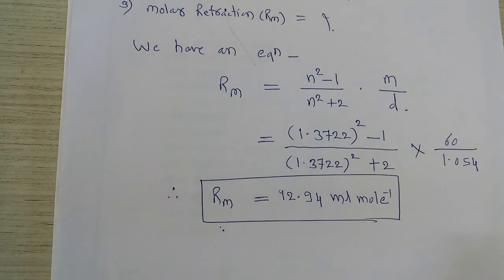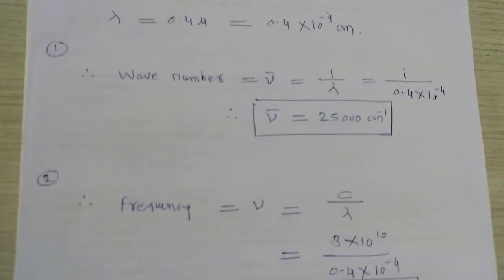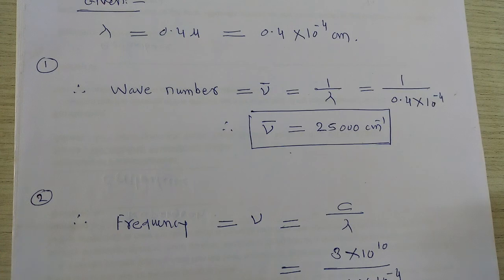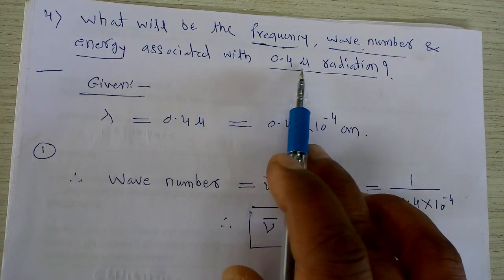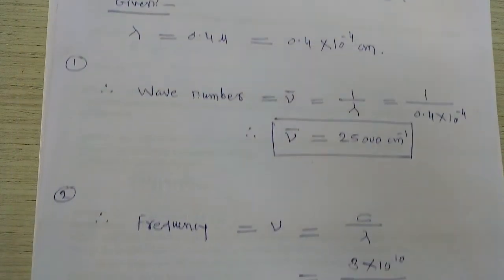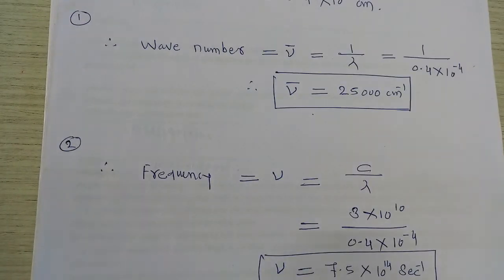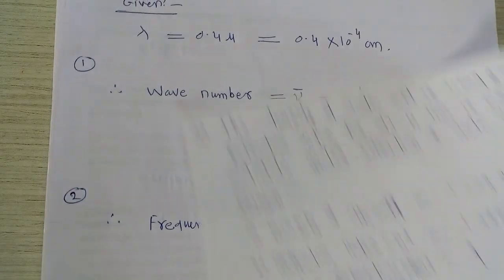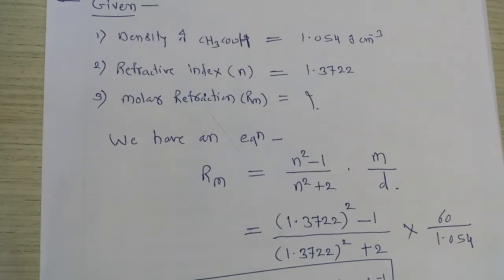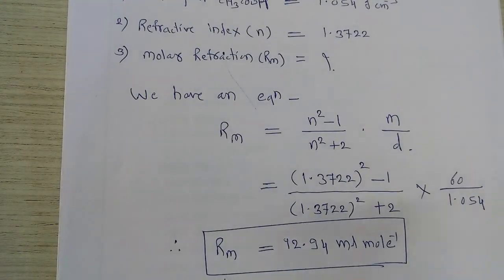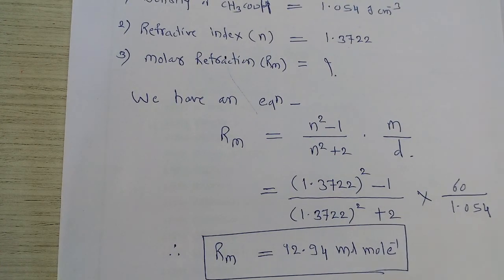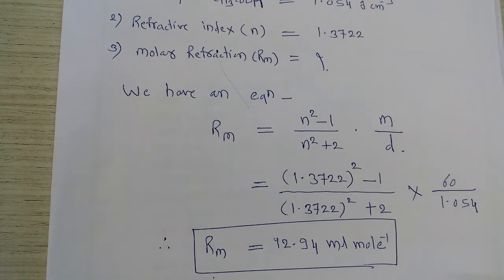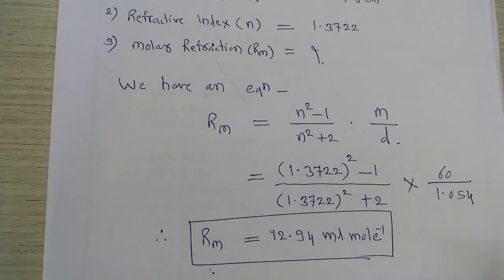And in the fourth numerical, we calculate the different properties for a particular wave having a radiation of 0.4 mu. So these are the four different numericals which we solved, two from this current lecture and two from the previous lecture. The remaining numericals you can solve from the exercise.